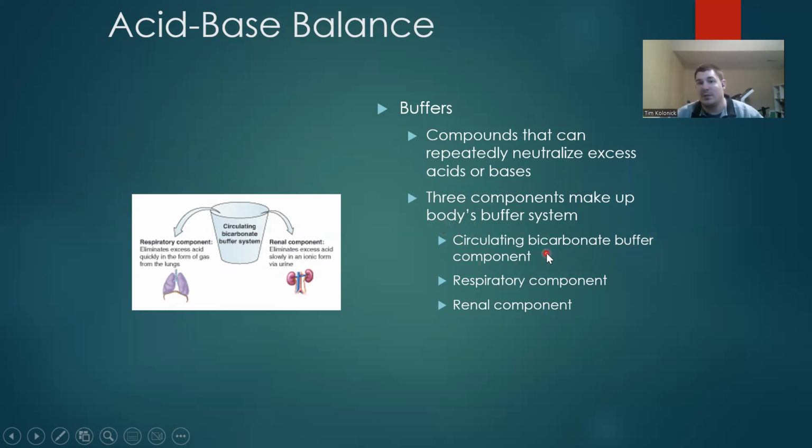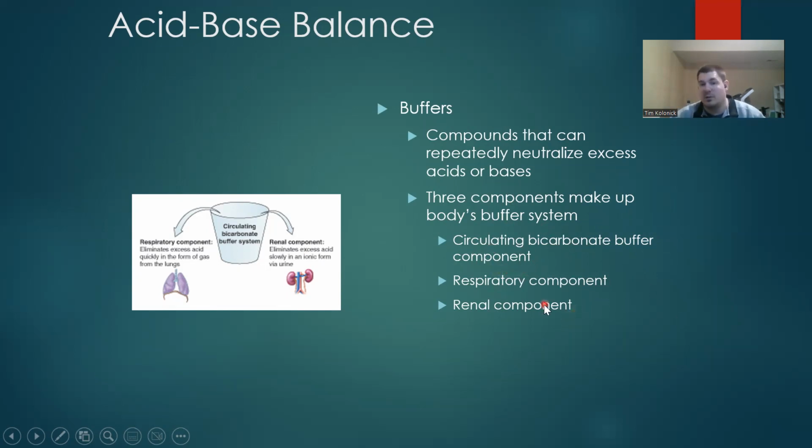So if there's some bicarbonate within the bloodstream, that can connect with the hydrogen ions and make water and carbon dioxide, right? So by breathing, doing the respiratory component, breathing off some of that carbon dioxide, we're reducing the amount of carbon dioxide in the system, therefore getting rid of some of those hydrogen ions. So those two components do work together, right, to help reduce the acid.